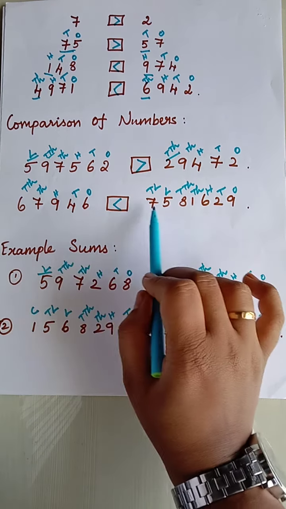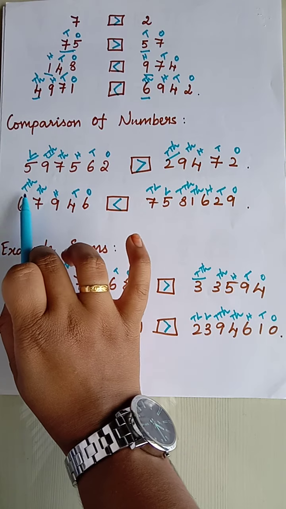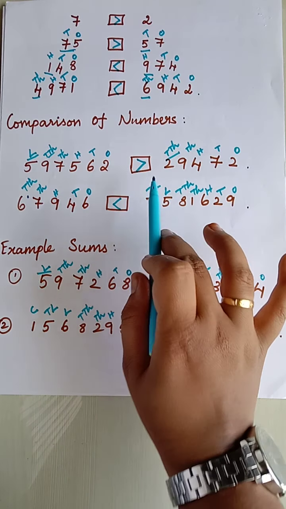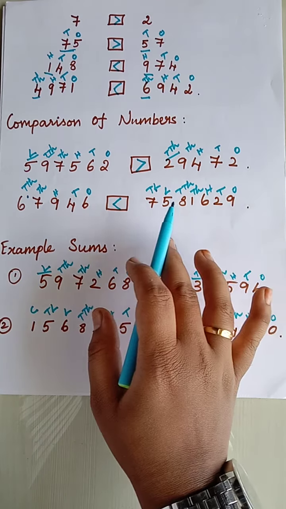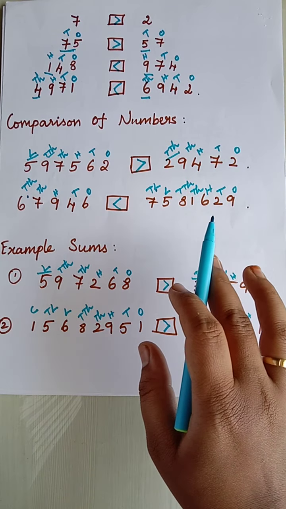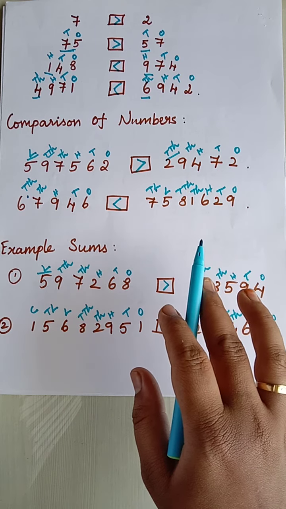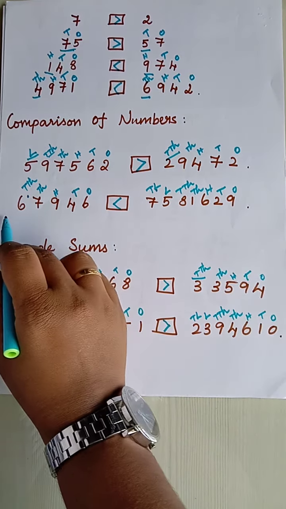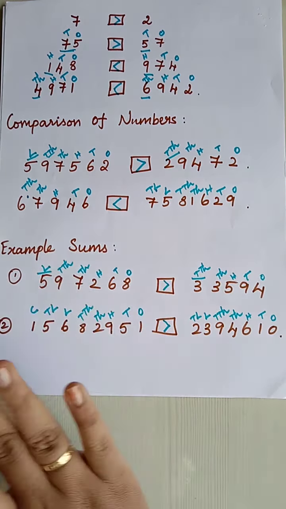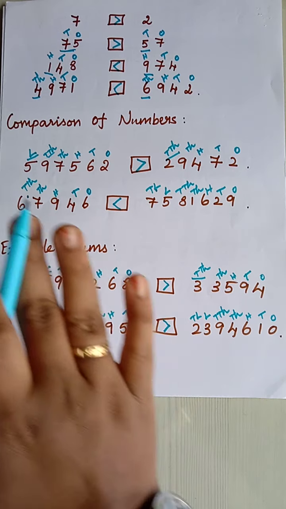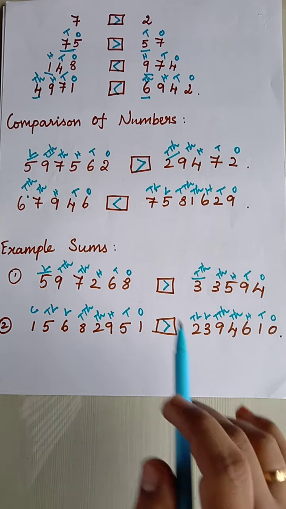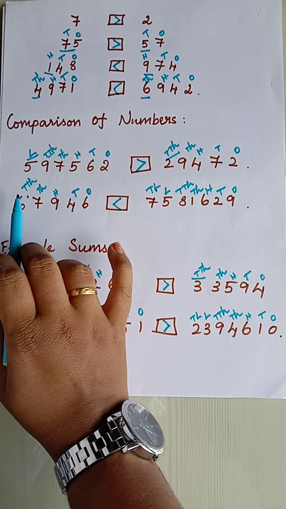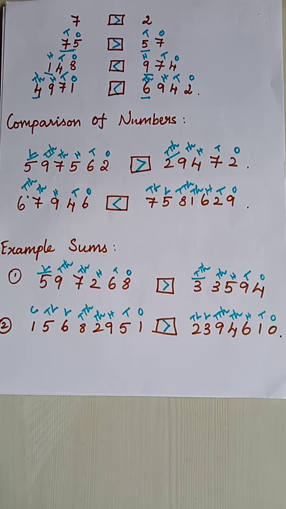For example, in this sum, here it is 10,000 and here it is 10 lakh. On comparison of these two, the place values of the two sides are not equal. Even so, we should not enter into the next step while comparing the numbers. We can stop at the place value itself, and compare which one is the largest, 10,000 or 10 lakh. 10 lakh is the largest number, so we can easily give the answer.